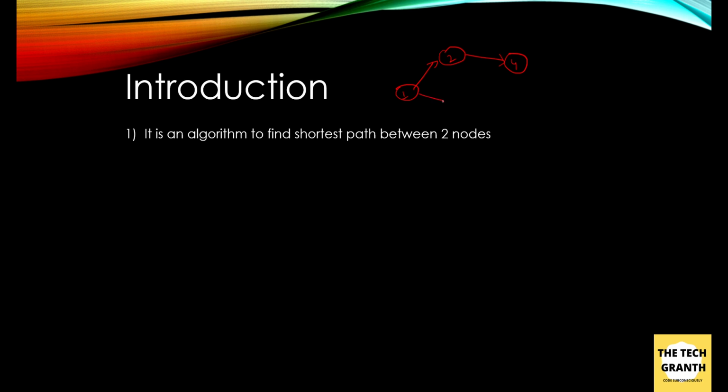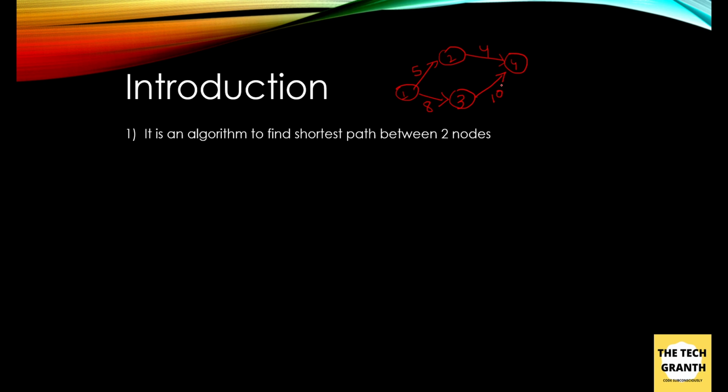We have another path from node 1 to node 3, and node 3 is connected to node 4. Say from node 1 to node 2 the time taken is 5 minutes, from 2 to 4 it is 4 minutes, from 1 to 3 it's 8 minutes, and from 3 to 4 it's 10 minutes.